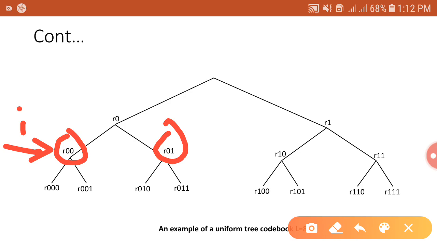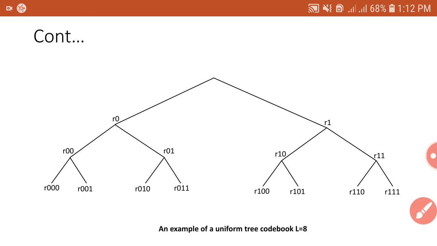If the distortion between the input vector X and Ri0 is less than the distortion between the input vector X and Ri1, then bit 0 is sent as a part of the code word for the input vector X. Why? Because you are selecting the left subtree, right?